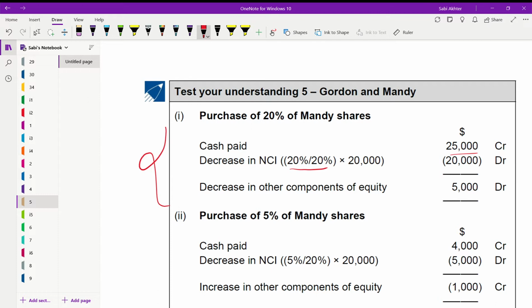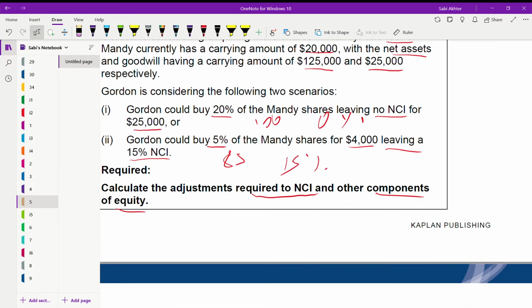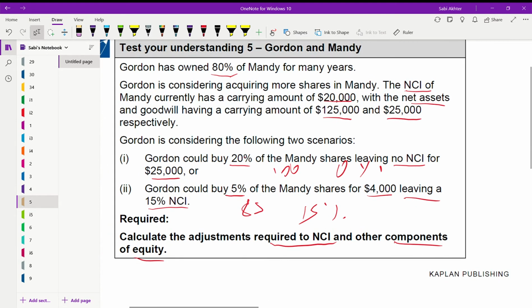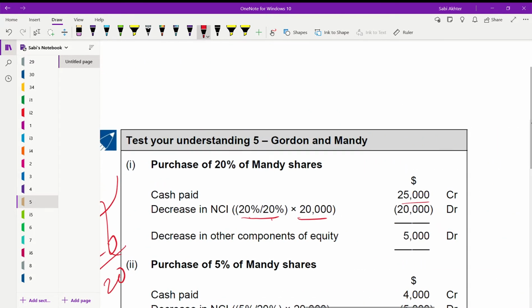The difference is 20 minus 0 over 20, because 20% is your initial NCI. That's why it's 20% over 20% into 20,000. 20,000 is what? The carrying amount of NCI that you have to take. Hence 20,000. It's a debit. So 25 minus 20 is a 5,000 and this is debited. Okay, decrease in other components of equity. Whenever your NCI is decreased, other components of equity also will decrease and it's debited.